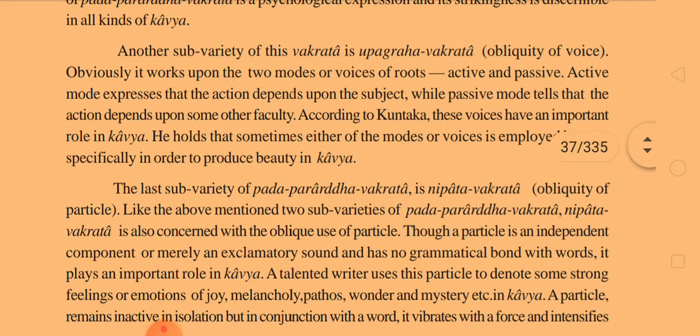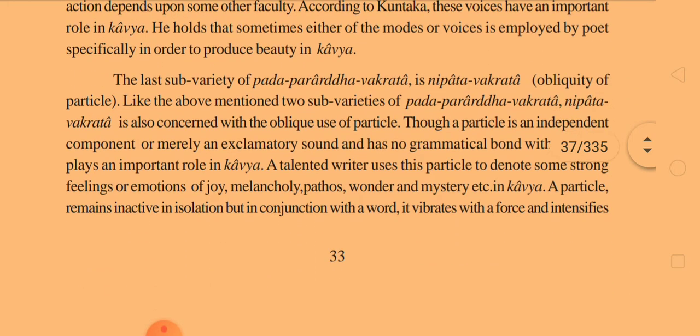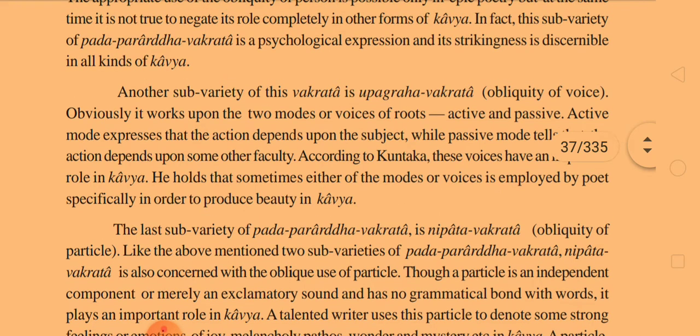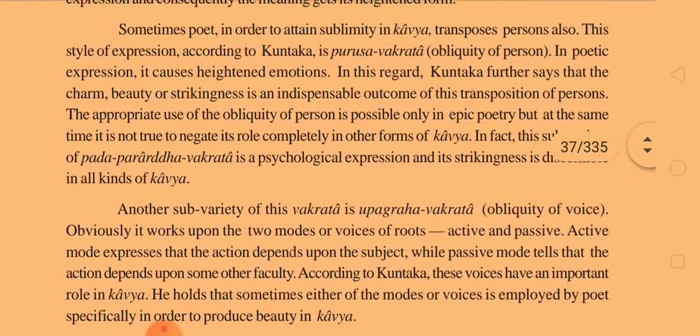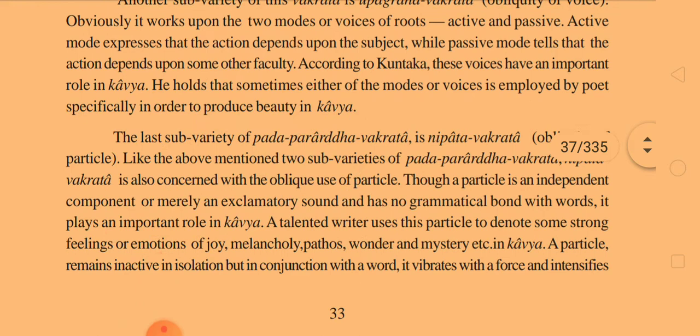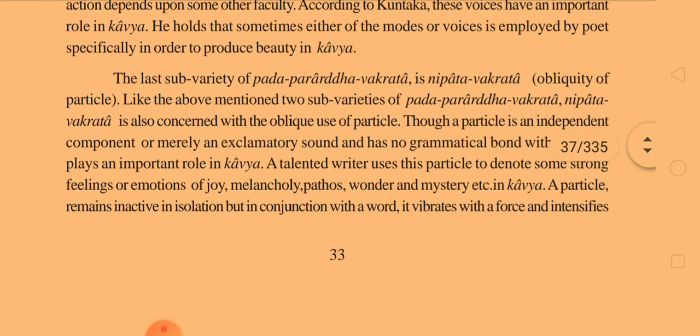Like the above mentioned two subvarieties of Pada Paradha Vakrata, that is the Upagraha Vakrata and the Purusha Vakrata, Nipata Vakrata is also concerned with the oblique use of particle. Though a particle is an independent component or merely an exclamatory sound and has no grammatical bond with words, it plays an important role in kavya.